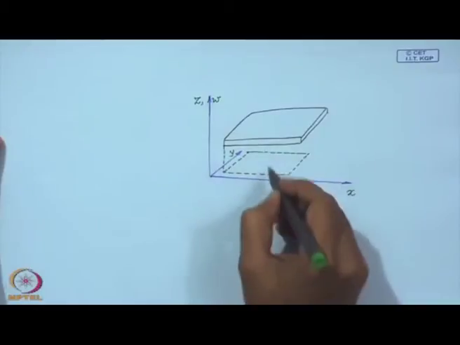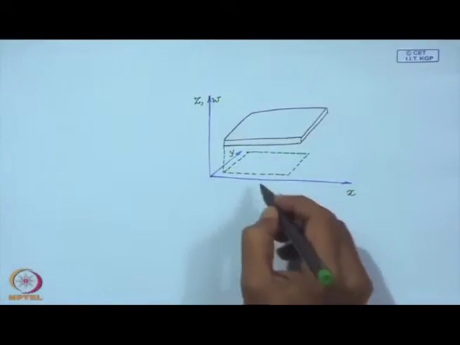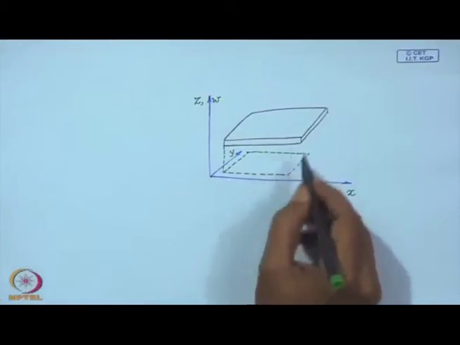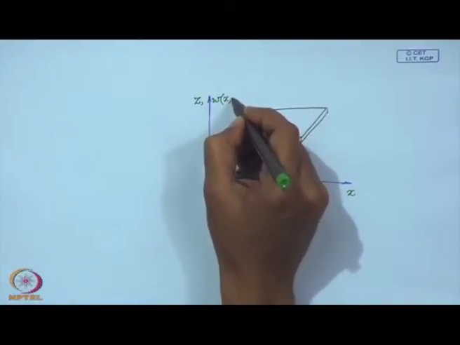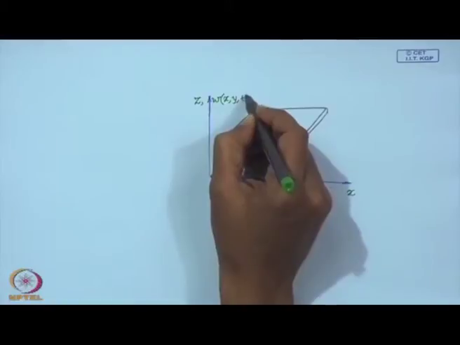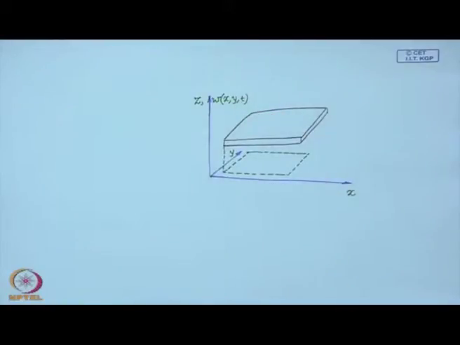In order to locate the membrane, we consider this field variable w, which is a function of x, y and time.